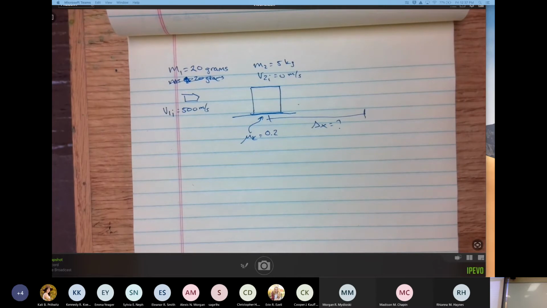So at the moment that you are working on this part, this will be the initial velocity of the block and the bullet. This will be the final velocity of the block and the bullet.